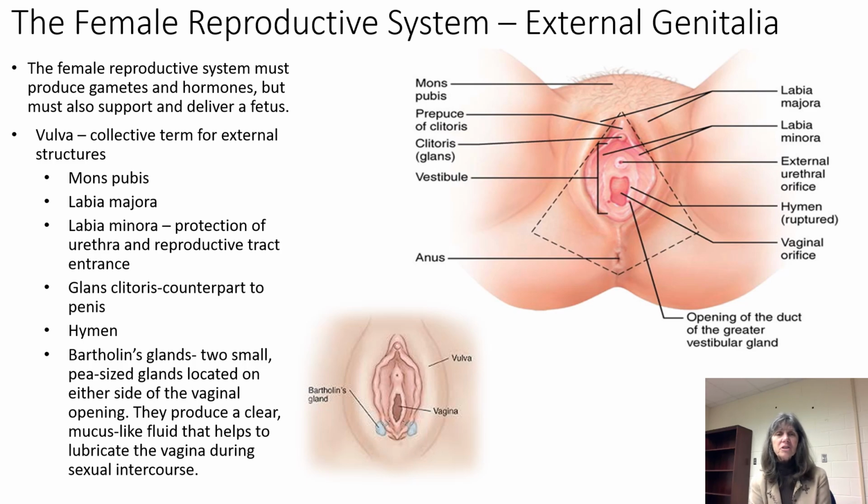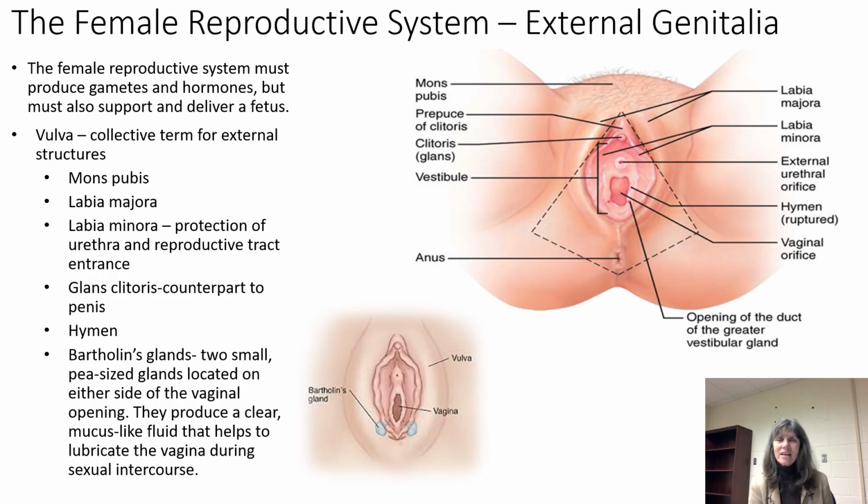We're going to start our journey with the external genitalia of the female reproductive system, with the vulva, which is a collective term for all of the external structures. And this includes the mons pubis, which you can see at the top of the picture. The term mons pubis literally means pubic mountain.